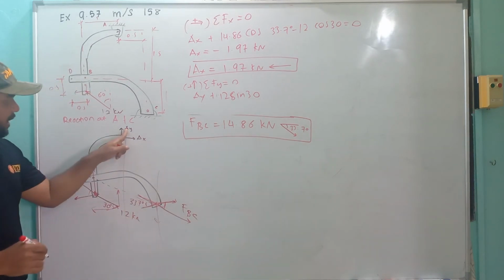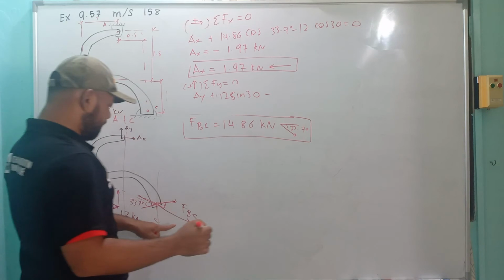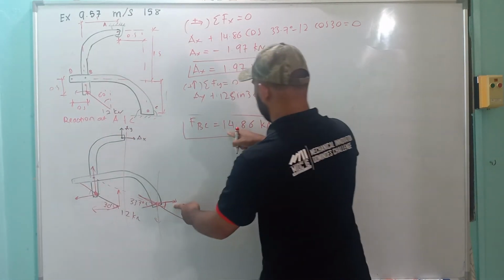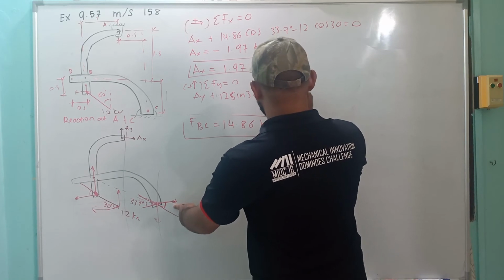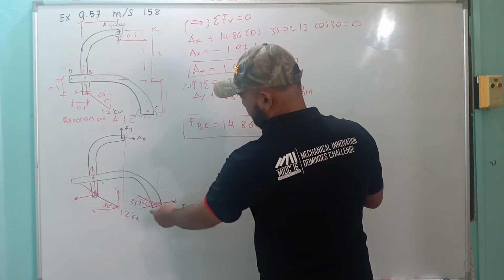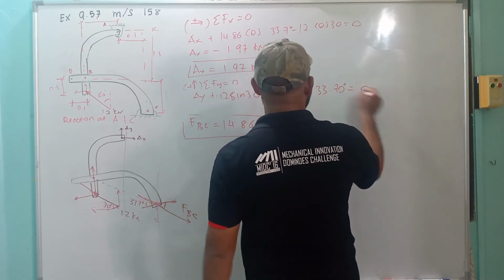Okay, so Ay plus this one minus this one, minus FBC sine this one. Our FBC is this one. So minus 14.86 sine 33.7 degree equal to 0.